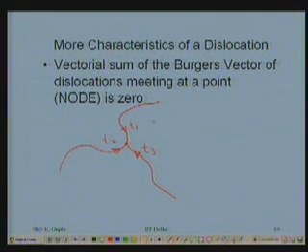Right? That is, let us say the Burgers vector for 1 is this, Burgers vector for 2, okay, let us start from 2 here, and this is B1, B2, and this is B3. So the total sum of the three vectors would be 0.